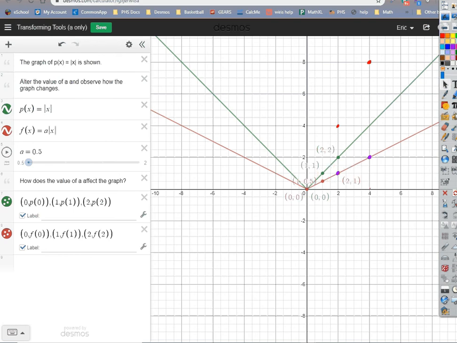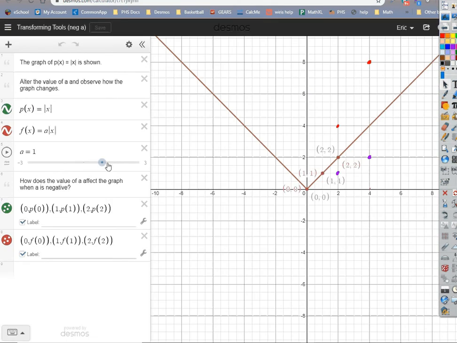Okay? What if a is negative? What do you think that's going to do? So there a is 1. What if I made a negative 1? What do you think that's going to do to all the y values?